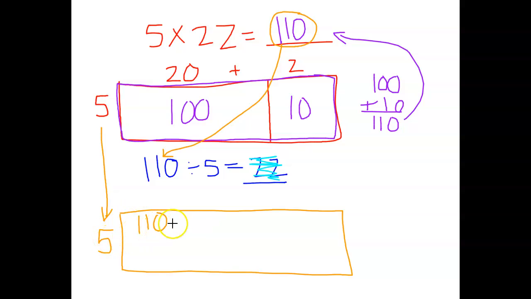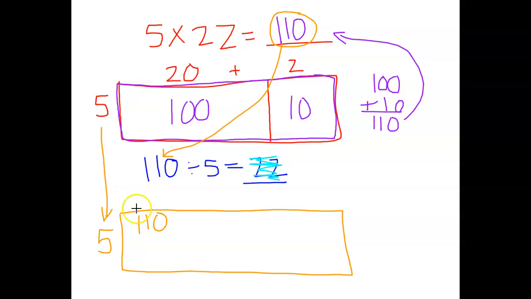So in other words, I don't know what 110 divided by 5 is, but there definitely are some basic facts that I could use to help me figure that out. So for example, I want to ask myself, how many groups of 5 can I pull out of 110? And so the easiest thing that I can think of off the top of my head is to think of some double-digit quick trick if I can.